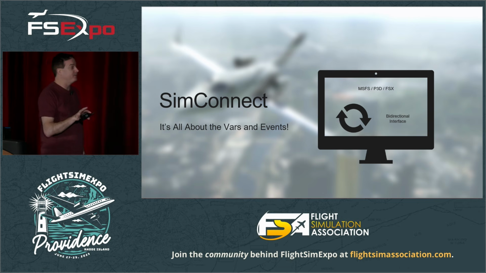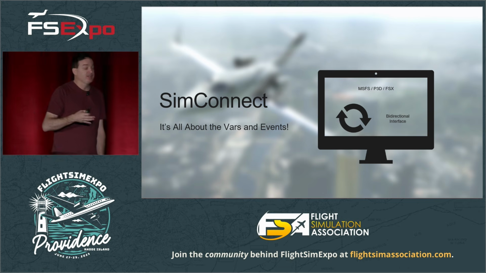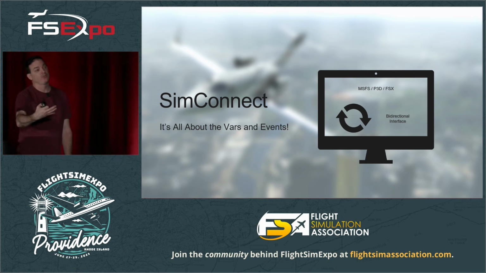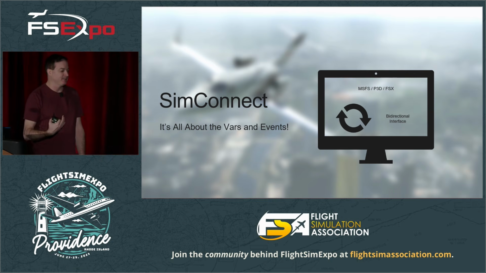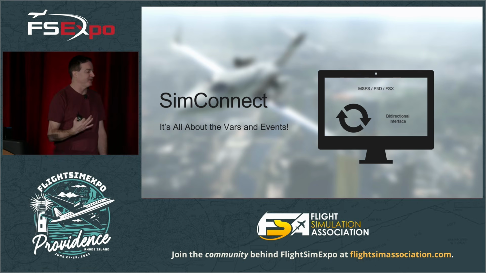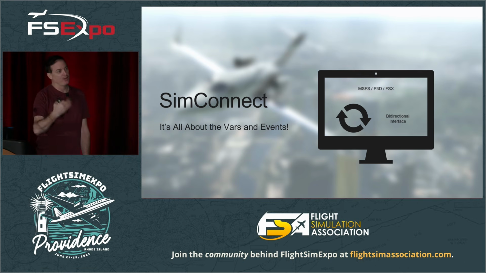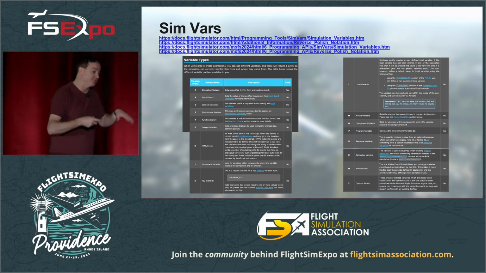So it's all about the variables, or VARs, and events. And the most important thing is you want to be sending events and reading variables. It is possible to write variables. A lot of times writing a variable is not the best thing, just because when you write it, the sim itself may not have update code running that understands, if you wrote just the variable, to do the other things. So you always want to try to send an event first.